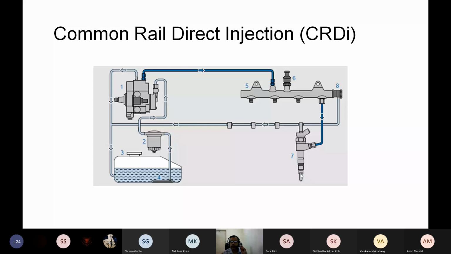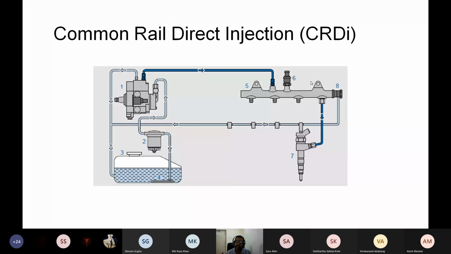Now there are two ways, or we can say two models, of the CRDI system. One is called first generation, when it was initially invented and integrated with the engine. Now we have a more advanced CRDI system, called the second generation CRDI system.